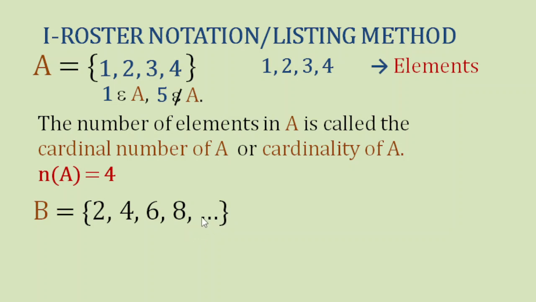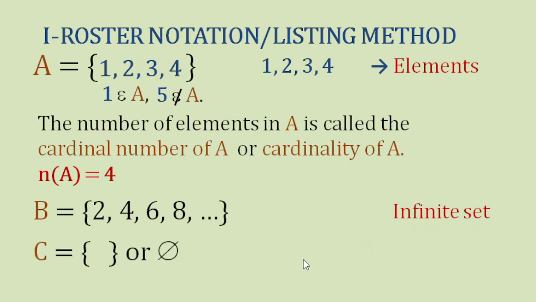This means that there are other elements that are not directly seen in our notation. So this implies that we are going to continue the pattern: 2, 4, 6, 8, then 10, 12, 14, 16, 18, and so on. So we call this one infinite set.